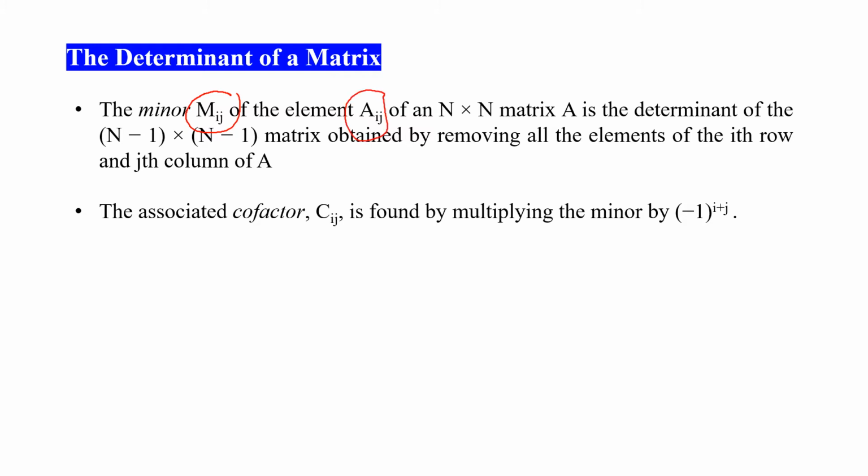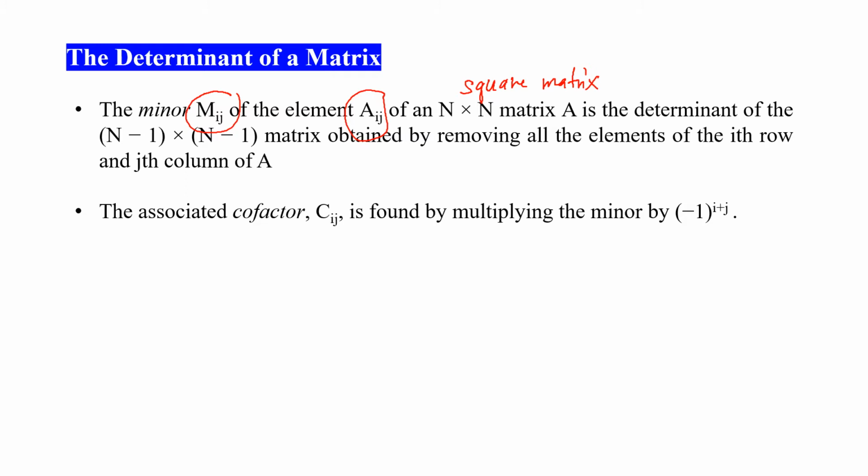When we say n by n, what we mean is a square matrix. The minor Mij of the element Aij of an n by n matrix A is the determinant of the n minus 1 by n minus 1 matrix obtained by removing all the elements of the ith row and the jth column.